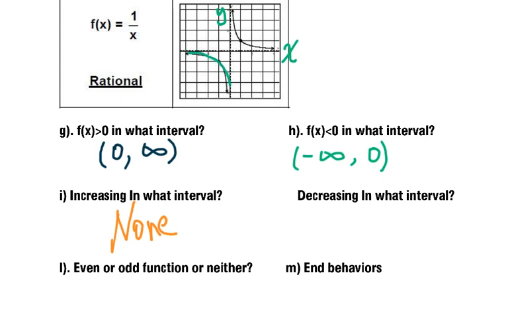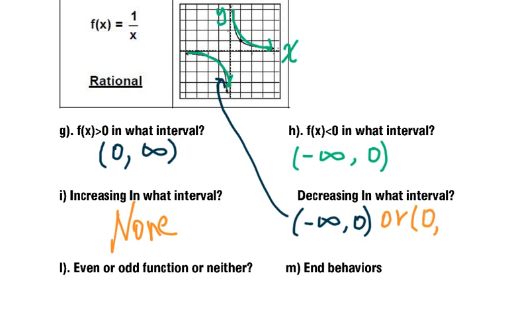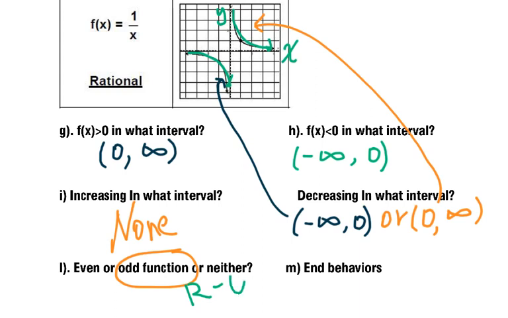Here it's going down, this is going down. So I will write down that it's from negative infinity to 0, or it's from 0 to positive infinity. That's the domain for this graph.